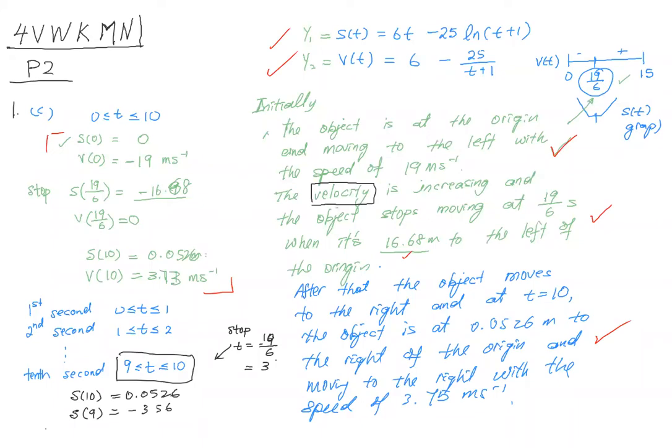So therefore, the total distance traveled will be 3.56 plus 0.0526, or you take S10 minus S9. You can do that. It's the same thing.